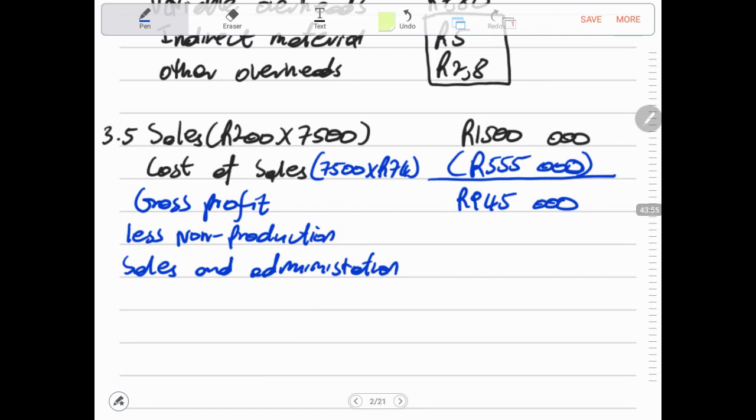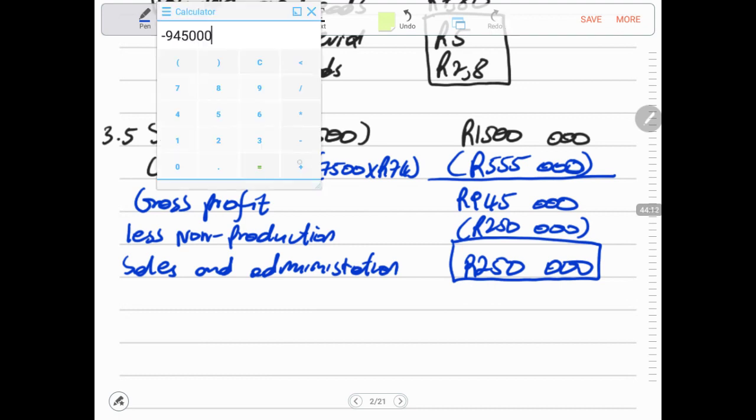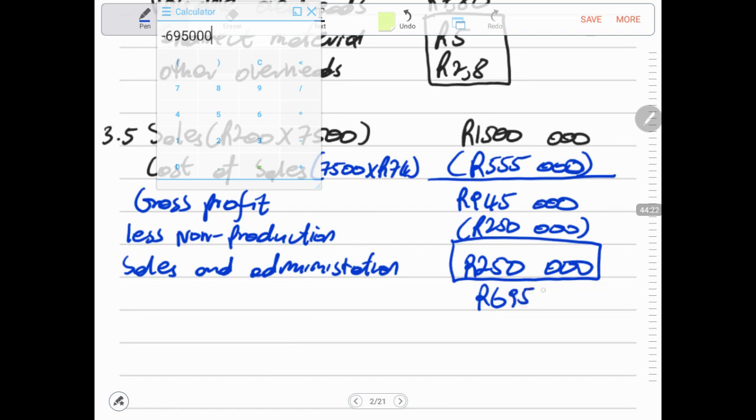We had the same amount of 250,000. It's not necessary at this stage. Then we minus 250,000 rands. After deducting 250,000 from that figure, this will give us a total of 695,000 rands. 695,000 now becomes our net profit.